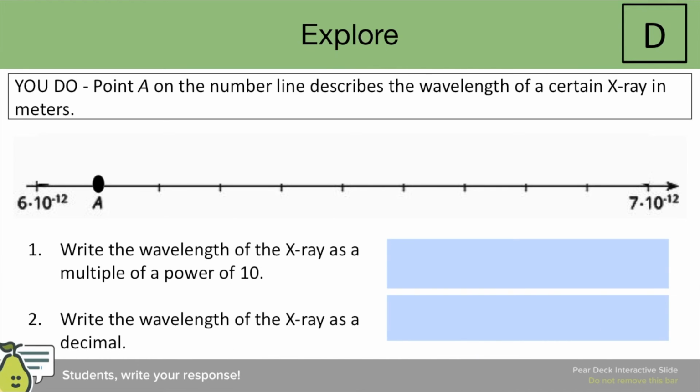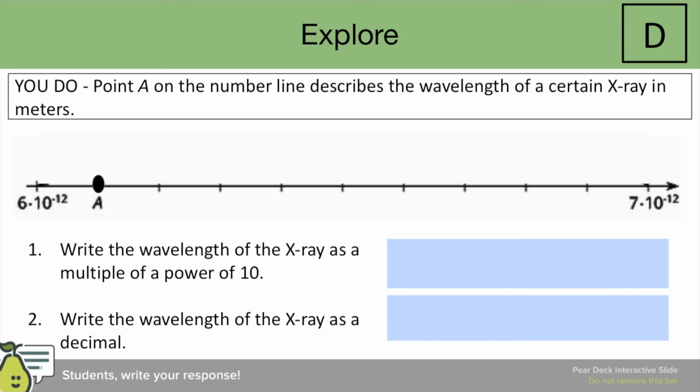For the you do, students are given that point A on the zoomed in number line describes the wavelength of a certain X-ray in meters. To help students who might have visual issues processing this, I've only included the zoomed in portion, so they only have to focus on that number line rather than the number line of the wavelengths of other types of light.